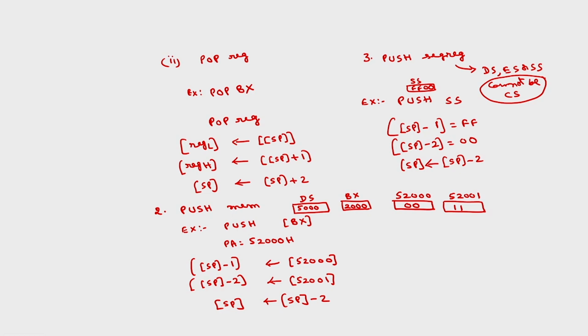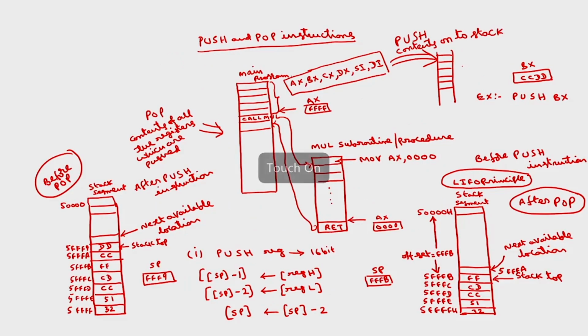Then there is a fourth instruction, which is called push flag register. So the flag register is a 16-bit register again. The contents of the flag register can also be saved onto the stack, because again the same concept. While the microprocessor is executing these programs, at this point AX is this, and the status of the various flags, say carry flag is set, direction flag is reset.